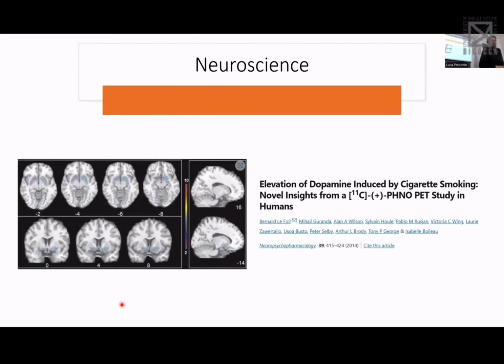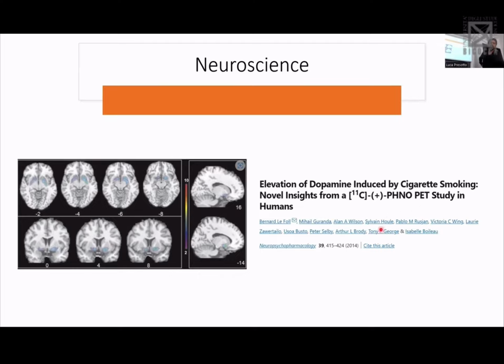Another option was the fact that you can attach it to any single molecule. So in this case, they were marking with carbon 11 an analog of dopamine to see the dopamine circuits in the brain. So in the 90s and the early 2000s, the research about how neurotransmitters were working was extremely developed.